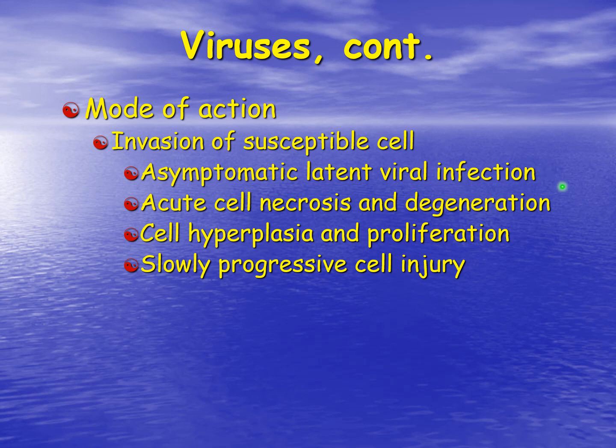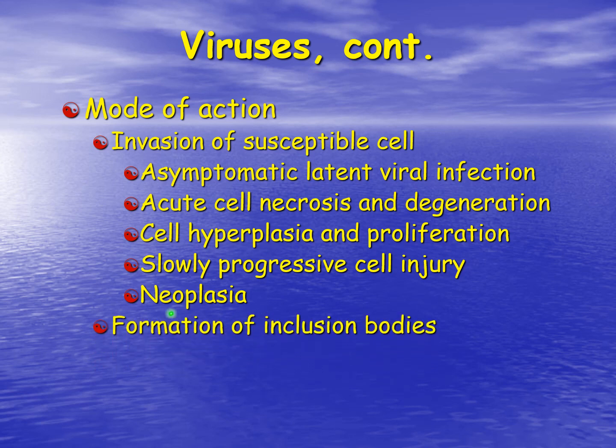But as we start to read the viral code and translate those viral proteins, we get a slow progressive cell injury because HIV is released from the host cell by budding. And we also know that some viruses will actually change the genetic code of the host cell and result in a dysplastic cell causing neoplasia or cancer.